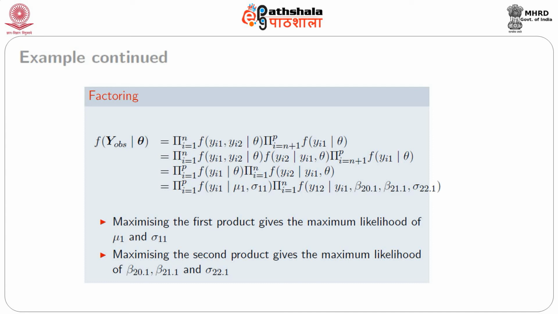So, maximizing the first product gives my ML estimates for mu_1, sigma_11.